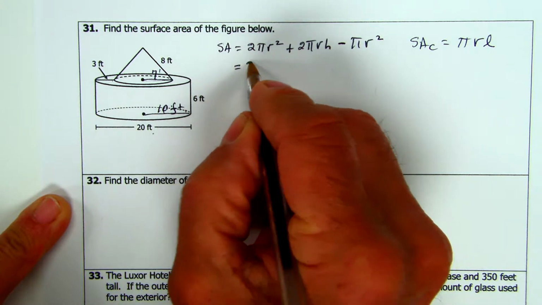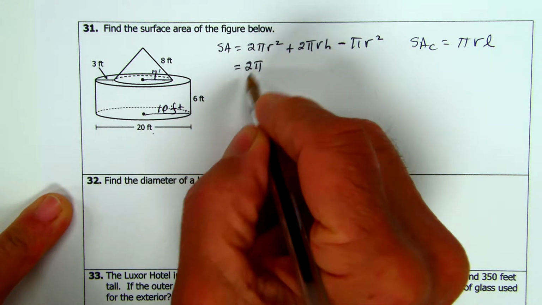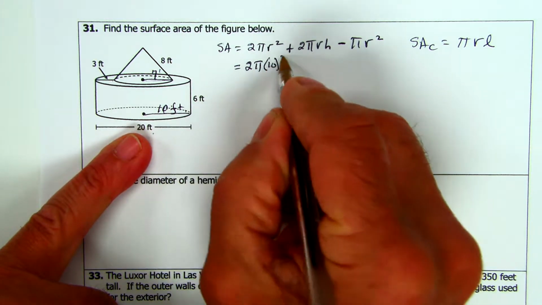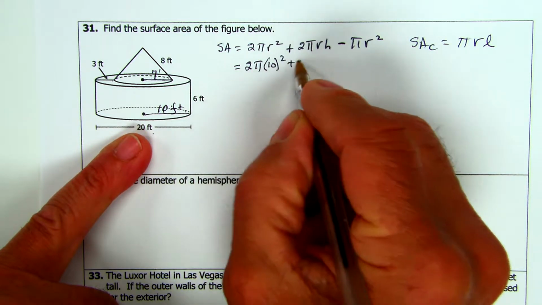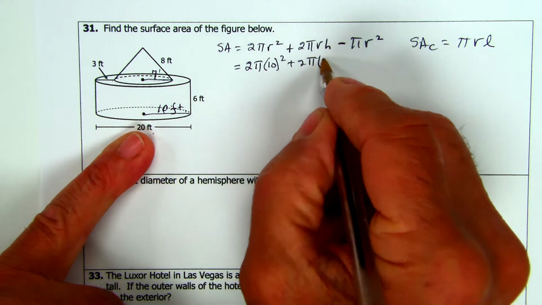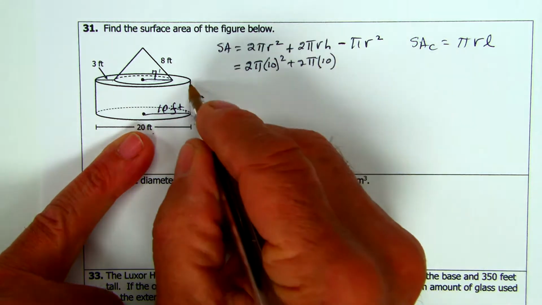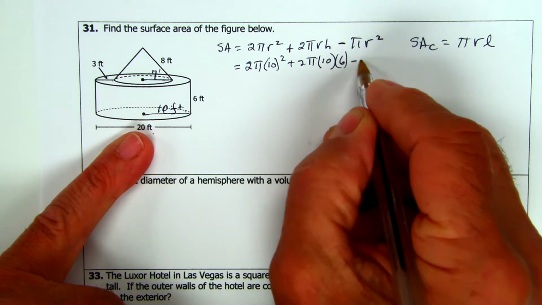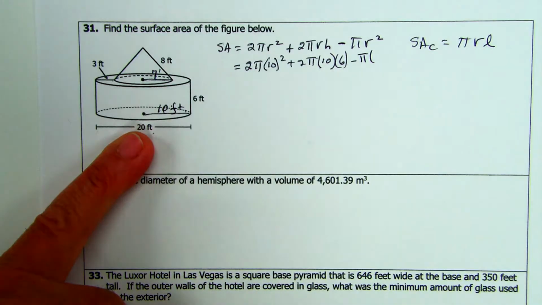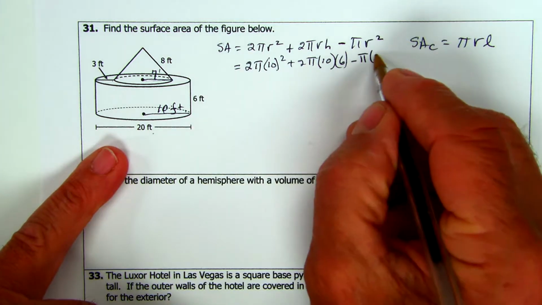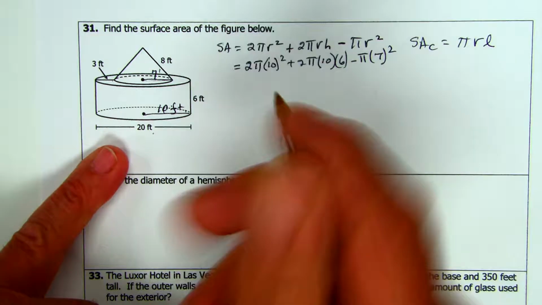So we've got 2 pi r squared for the cylinder, r is 10 squared, plus 2 pi r h, r is 10 times the height of the cylinder, which is 6, minus pi times r up here for this circle. R is 7 squared.